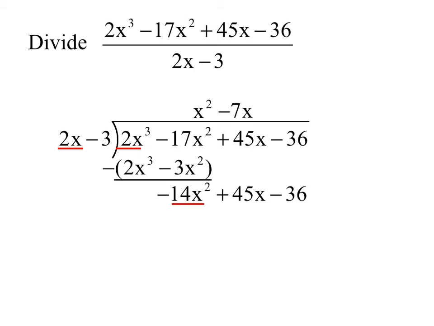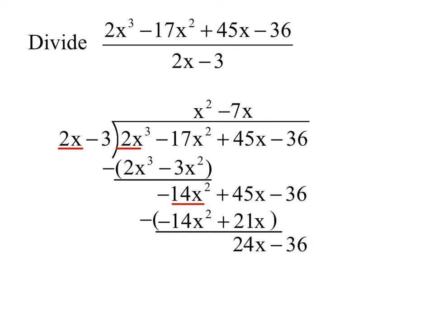It has to be a negative 7x, and so what I get is negative 14x squared. Negative 7x times negative 3 is positive 21. Remember, I have to subtract everything, and it makes both signs inside that new binomial opposite, so I'm plus 14x squared. And what I'm left with is 24x minus 36.